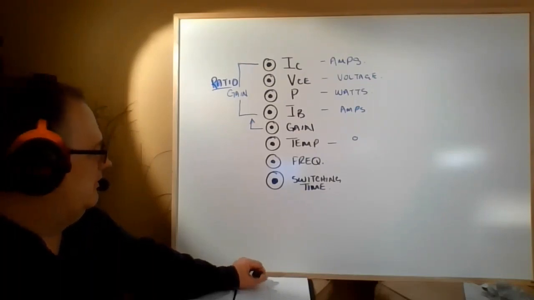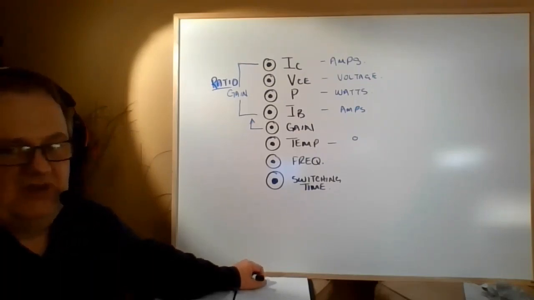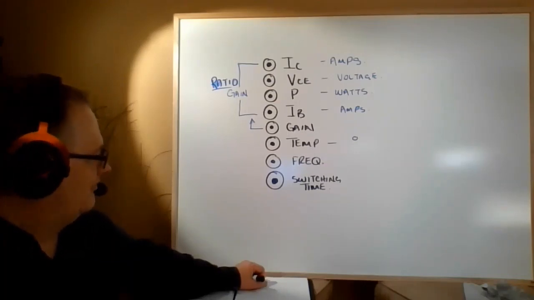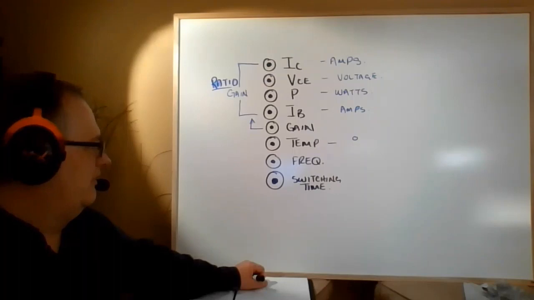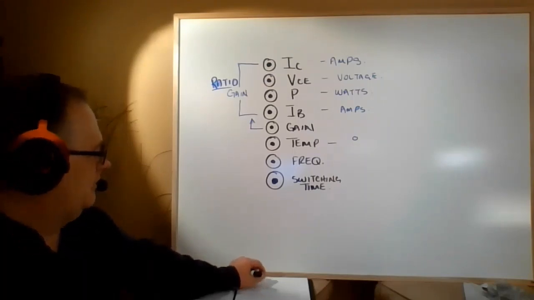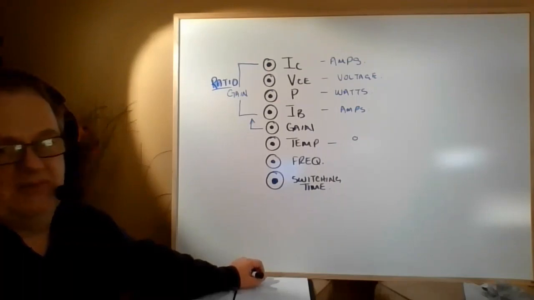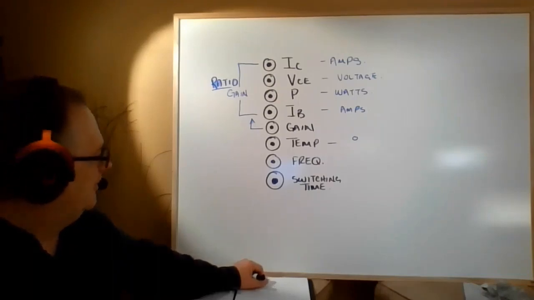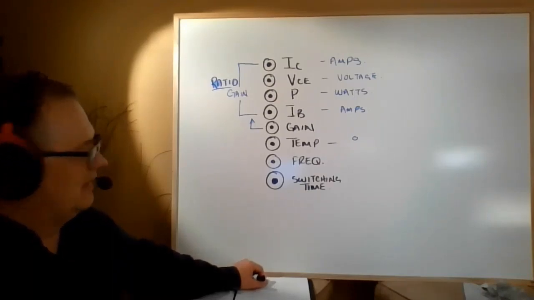But we also have switching time, and they're related, because the slower the switching time is, the slower the overall frequency will be. Switching time is usually in microseconds, or even smaller units in some transistors. So that gives you a little bit of an idea.